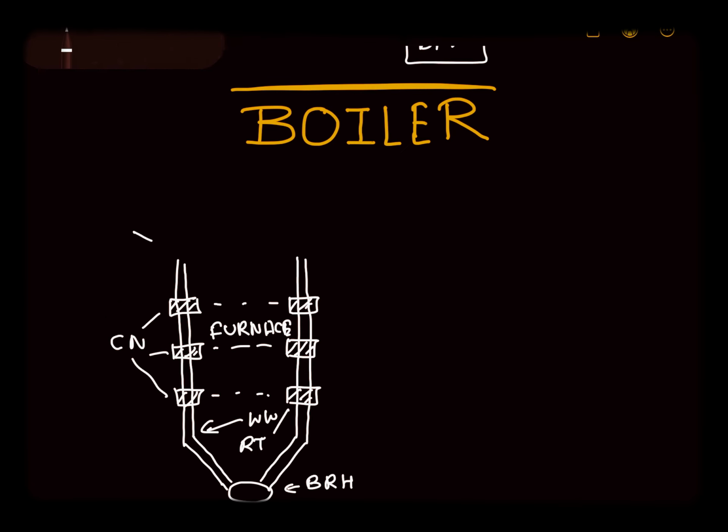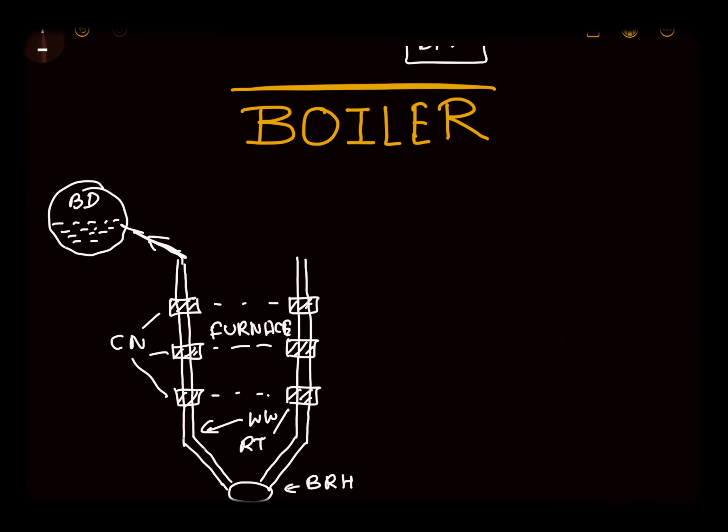From this water tube the heated water mixed with steam goes to the boiler drum. This is called boiler drum. Because water is highly heated, mostly it is converted into steam, and when it goes to the boiler drum, some part is converted into water and some is in the form of steam.